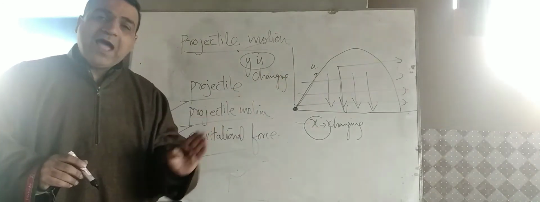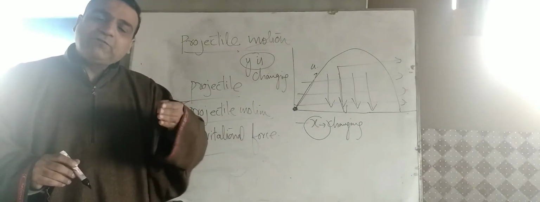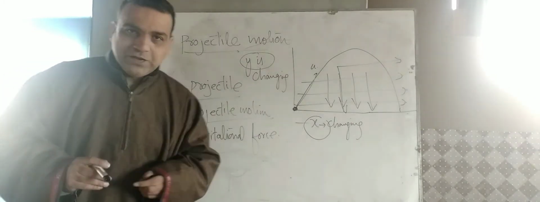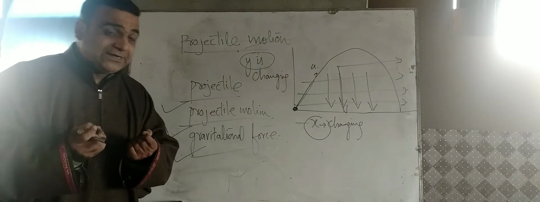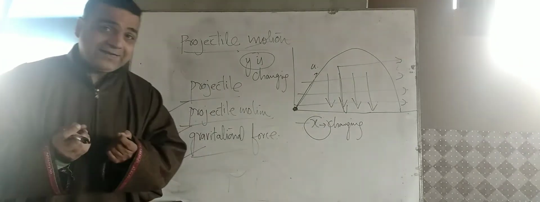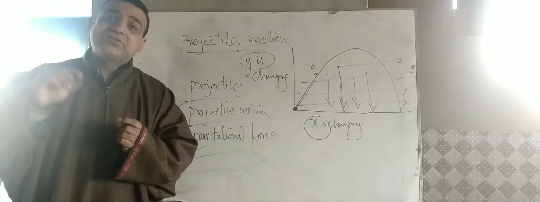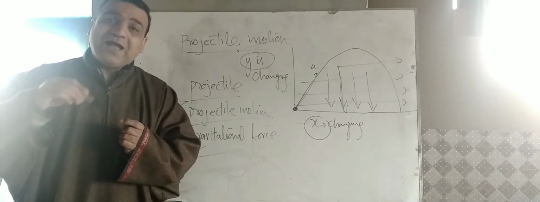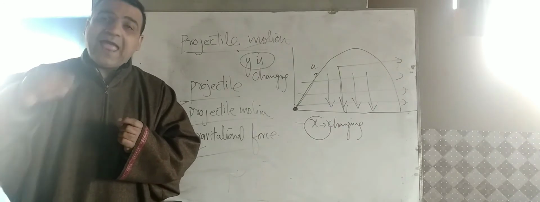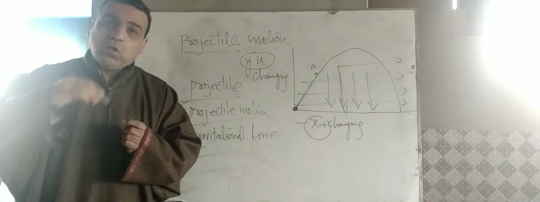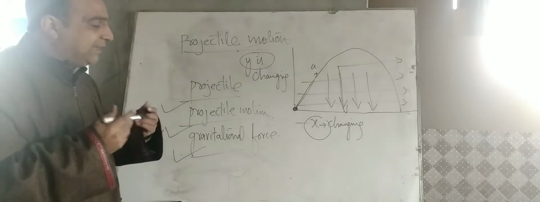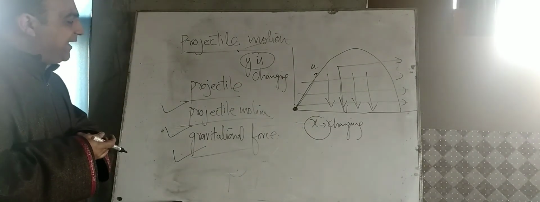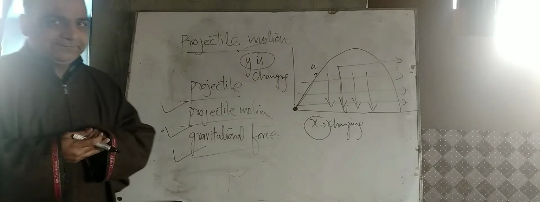Therefore, I should say the acceleration of this projectile along the horizontal is 0. These are the two important points that have to be kept in mind: this projectile is moving under the influence of the gravity of Earth, and the direction of gravity is always vertical in the present situation. Now the second important thing is the velocity.